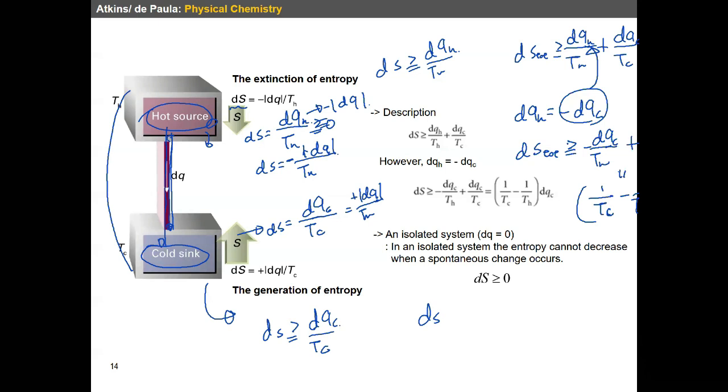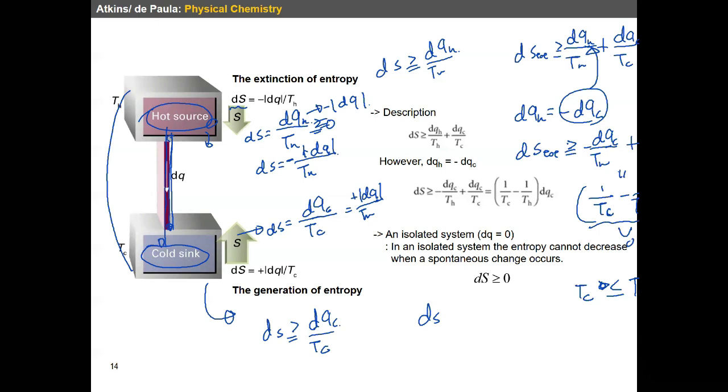And because Tc is smaller than Th, this will be bigger than 0, right?